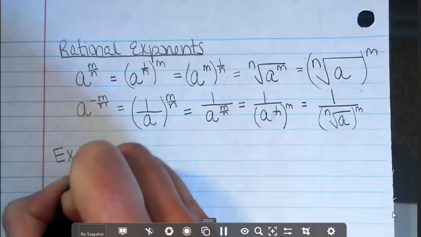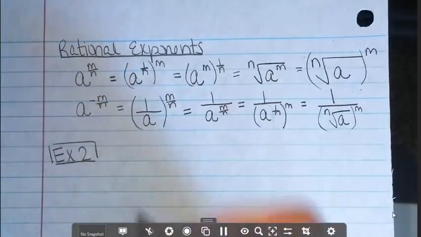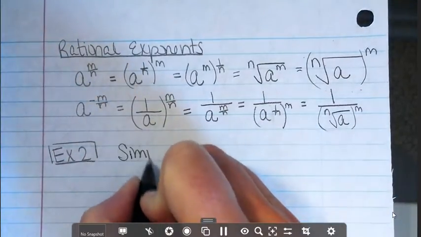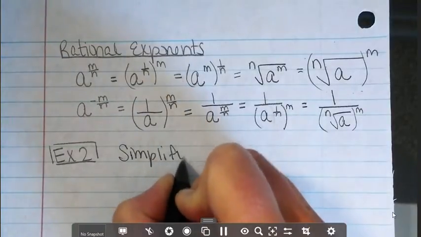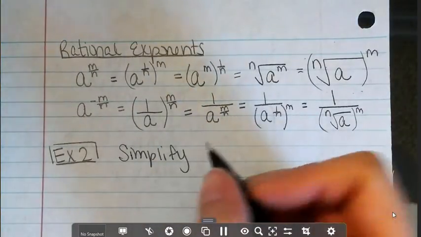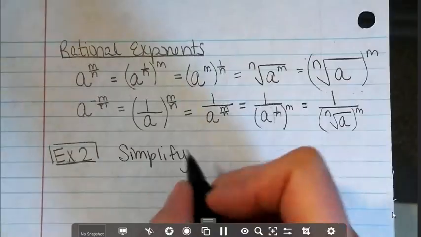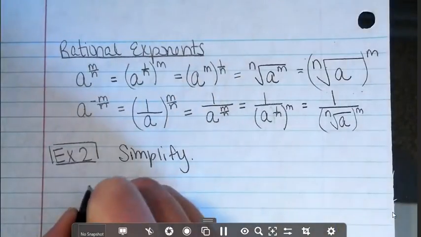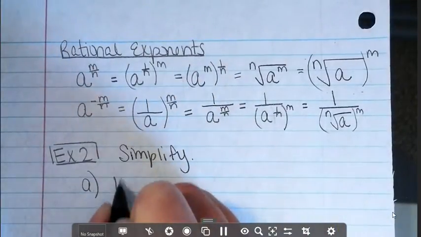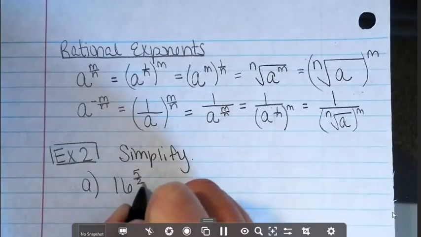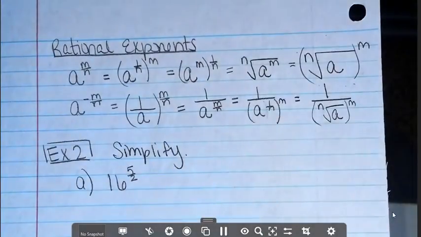Example 2. We are going to simplify some rational exponent problems. So simplify. A is going to be 16 to the 5 halves. In my opinion, this is going to be way better if I can think about what root I need to take.